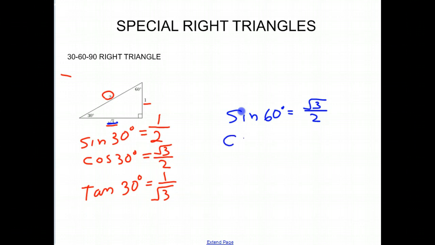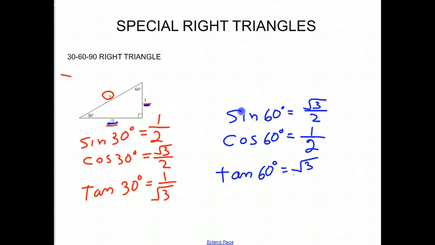The cosine of 60 degrees would be the adjacent side, in this case 1, over the hypotenuse, which is 2. And finally, the tangent of 60 degrees is equal to opposite over adjacent, which would be the square root of 3 over 1, which of course is the square root of 3.